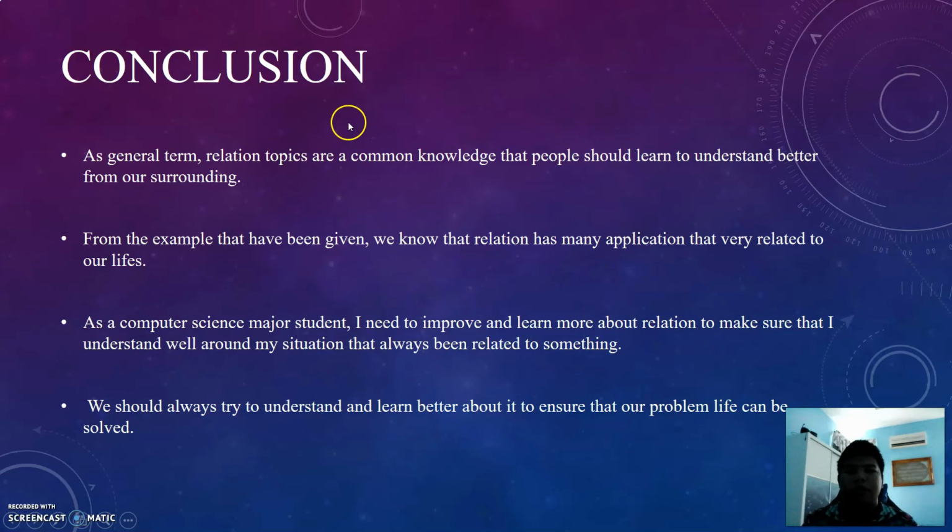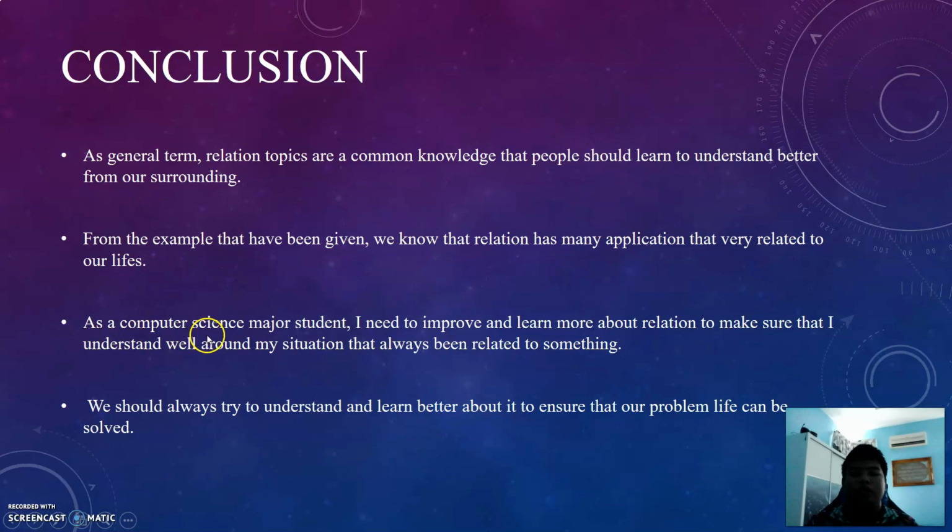For the conclusion part, as a general term, relation is common knowledge that people should learn to better understand our surroundings. From the examples that have been given, we know that relation has many applications that are very related to our lives.